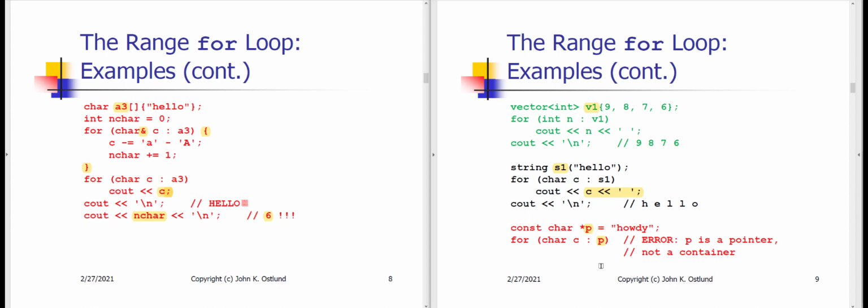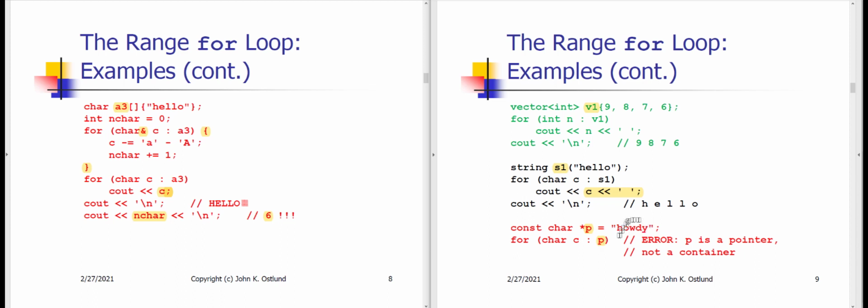Now, we know from what we've talked about regarding the relationship between pointers and arrays in the past that pointers and array names are sort of interchangeable, and you can do subscripting on pointers, and you can do so-called address arithmetic on array names. But for the range for loop, you're only allowed to loop through containers where the size is known in advance.